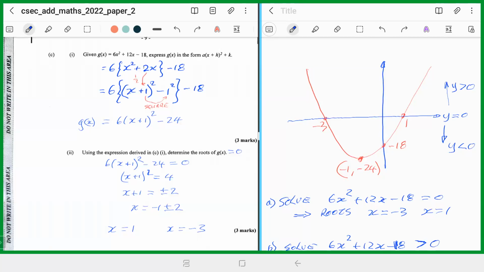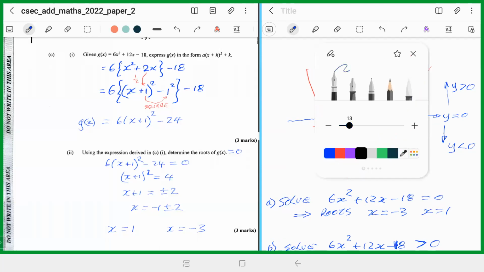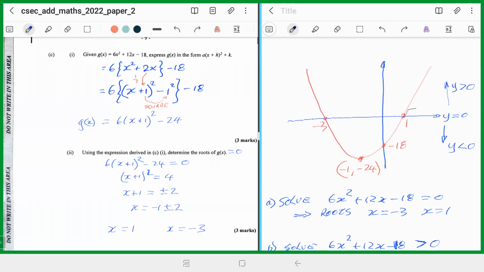So the x values up here, greater than 0, I would want the x values that are outside the roots. This way. To the right of this root and to the left of this root.